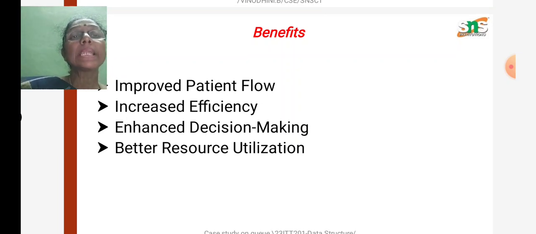It also enhances decision making, such as the availability of nurses, how many patients are inside, how many are emergency cases, and what the waiting time of each patient is. We can decide these things in the priority queue management system. It also improves resource utilization.